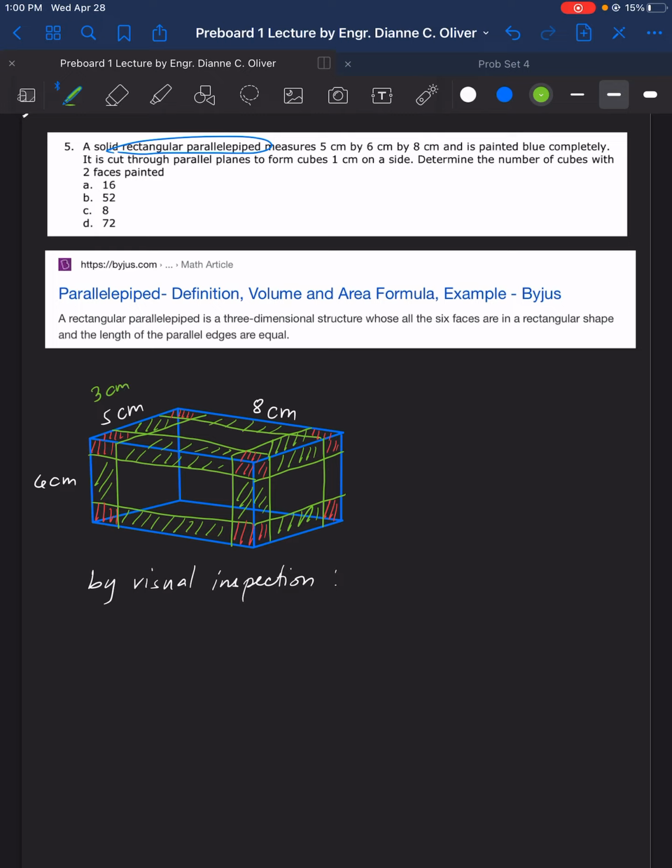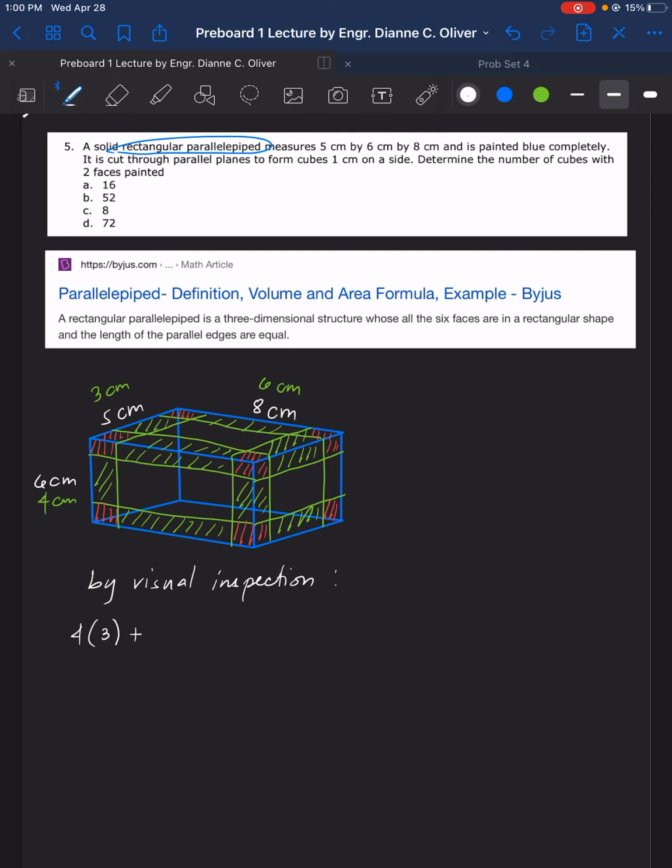This part here becomes 6 centimeters. Then here we have it as 4 centimeters. If we cut the cubes in this portion at 3 centimeters, how many? We have 1, 2, 3, 4. 4 areas. So 4 times the 3.